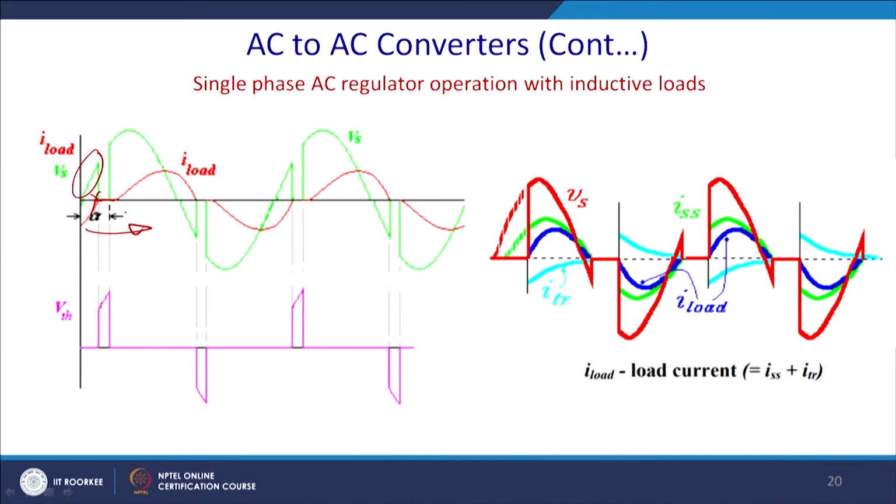So, thereafter again you turn it on, and again you chop the current at this point. So, you are blocking this voltage, whatever voltage part has been missing, VTH here, and thus the load current will be ISS, which is basically the source current, plus the thyristor current, that is ITR. Here the blue one is the load current and the green one is ISS, and this TR is essentially the thyristor current.